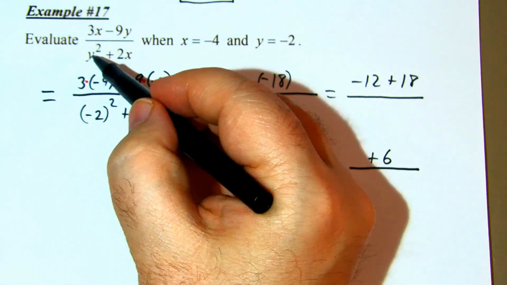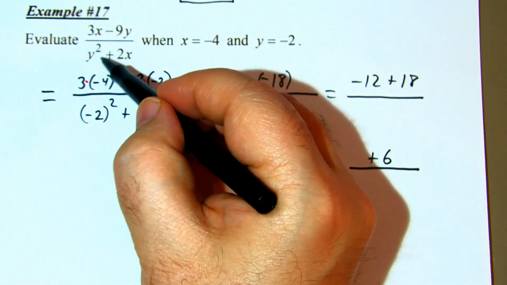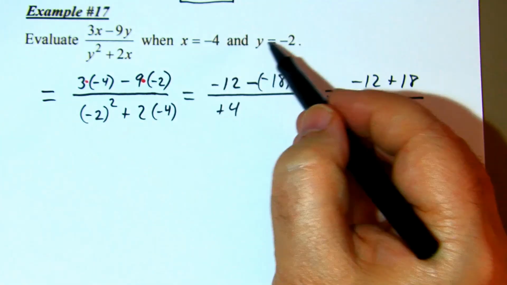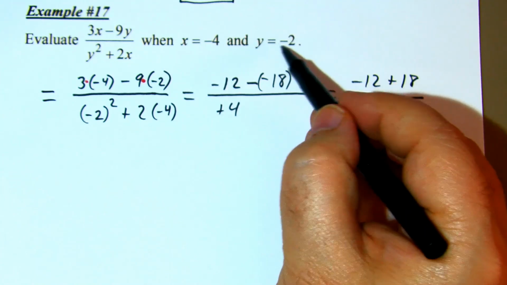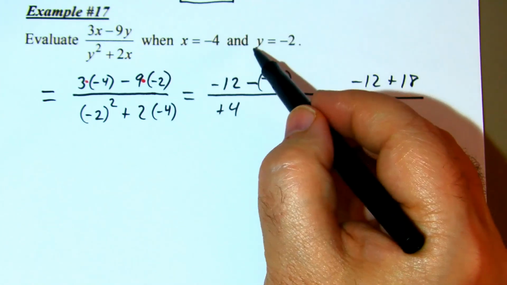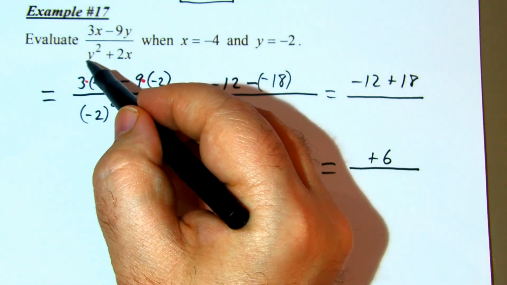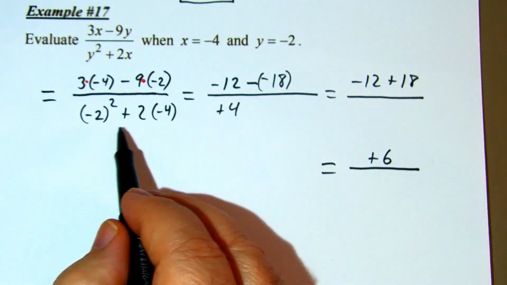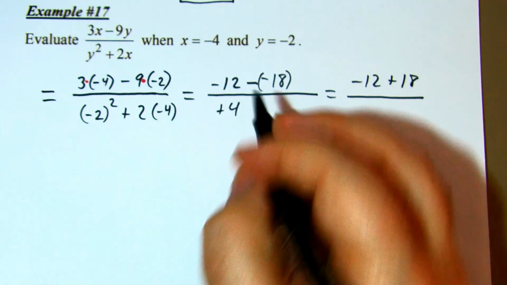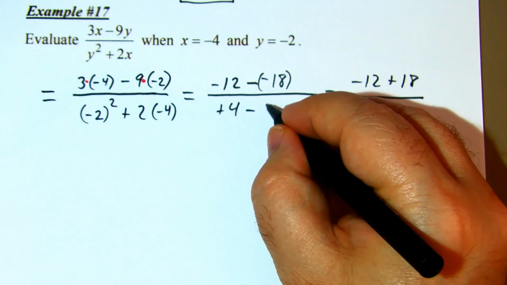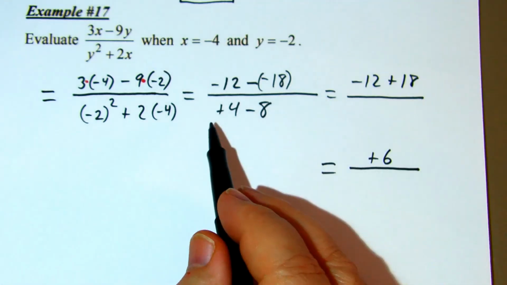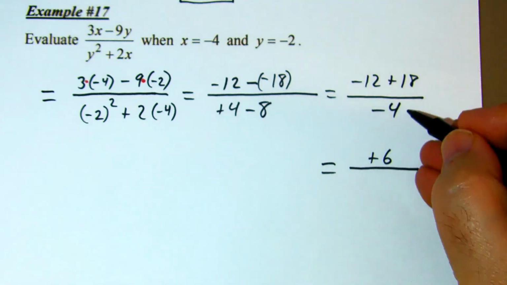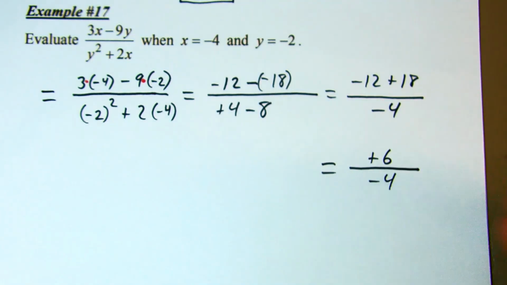To say it differently, in the original it was y squared, and this 2 told me to square y, so the reason I needed the parentheses, since the negative 2, the negative is part of the 2, part of y is negative 2, and I want to square y, I have to make sure I square all of that negative 2. And then the multiplication at this end, a positive times a negative is a negative, and 2 times 4 is 8. 4 minus 8 is negative 4. And if it's negative 4 there, then it finishes off as negative 4 down here.